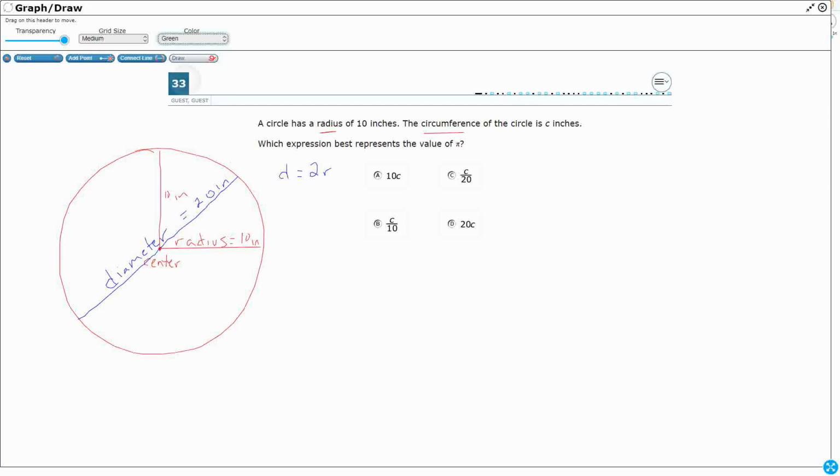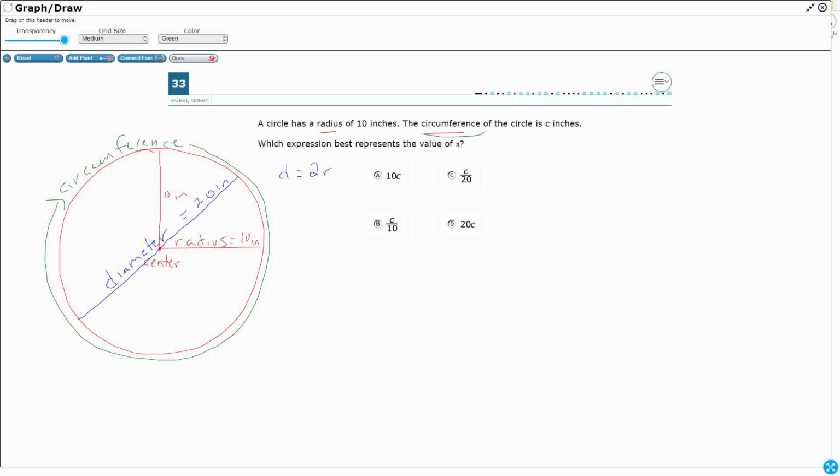Now, they also mentioned the circumference. So the circumference is going to be around the outside. Think of it like the perimeter of a circle. So it goes all the way around like this.